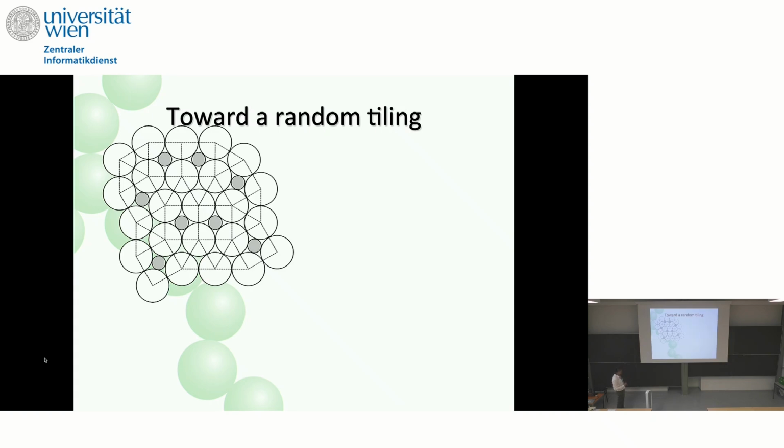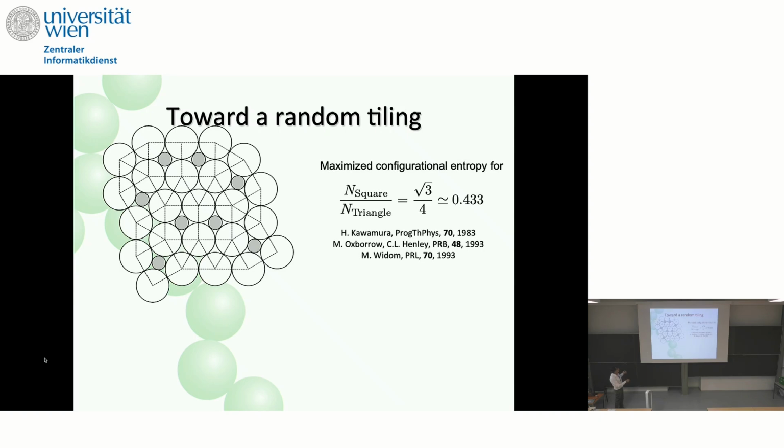And so with this, you can easily pack the space. And you see that, from the statistical mechanics point of view, you have a lot of realizations, right? And people looked at these guys in the 90s and showed that, of course, you gain a configurational entropy. And in fact, you can show that this configurational entropy, if you now forget about the particles and think about the tiles, is optimized for a certain size ratio, right?